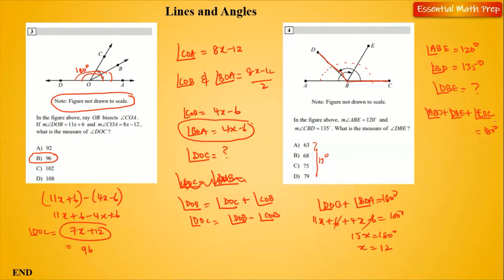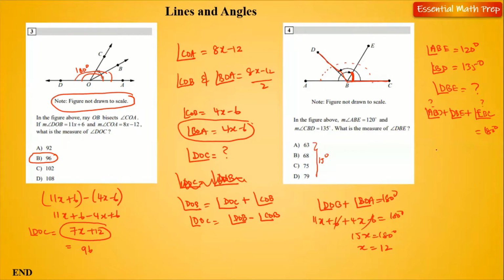We don't have CBD as well. So we have to write it in some way where what we know is covered. So what if we do ABE? We have to figure out these two somehow so that we can figure out DBE.